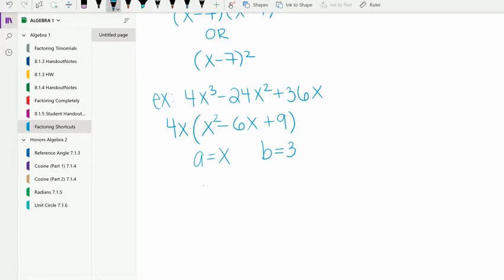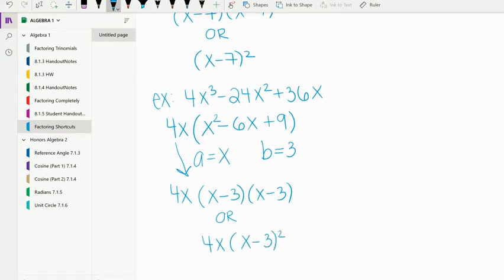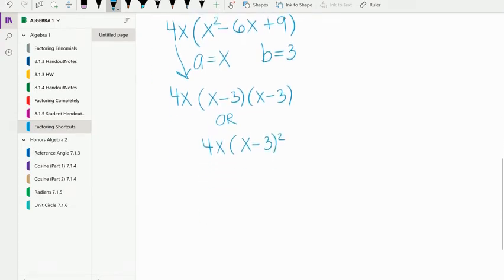So keep in mind, though, this one will be x minus 3, x minus 3, because of the fact that it's a negative 6x. But remember, we have to put our GCF into the problem. Or we can write it as 4x times x minus 3 squared. All right, so that is the shortcut for factoring perfect square trinomials.